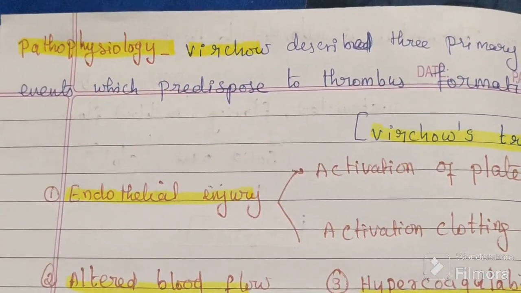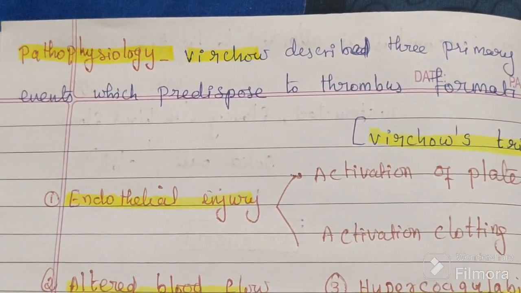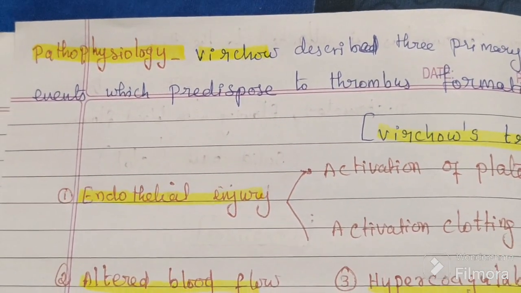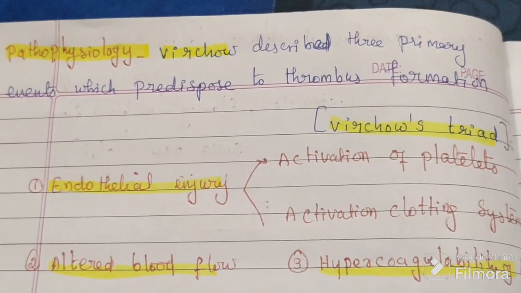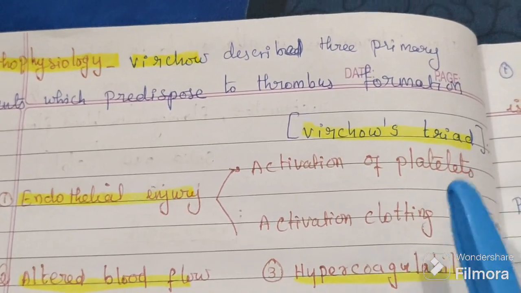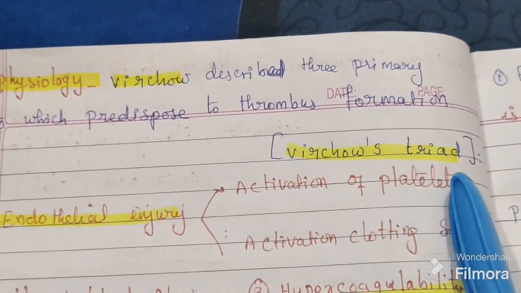Next, pathogenesis. Why does this happen? Why does thrombus formation occur? What are the reasons? The scientist who explained it is Virchow, so, the Virchow triad.